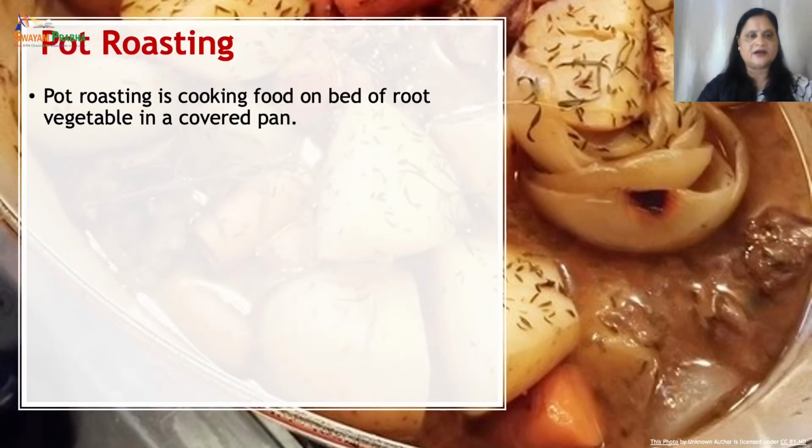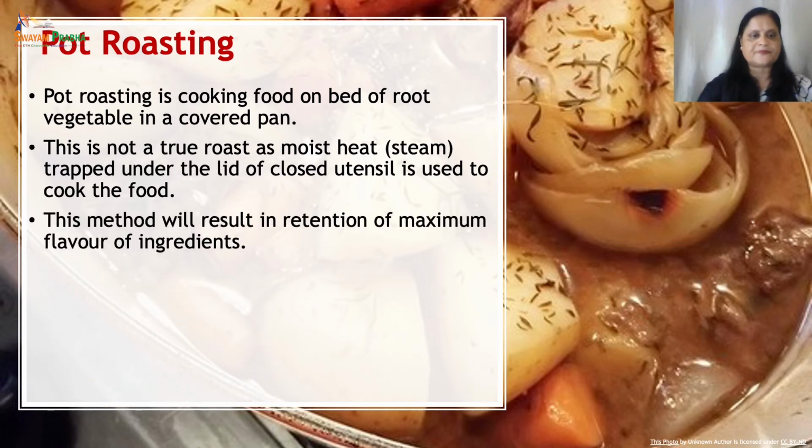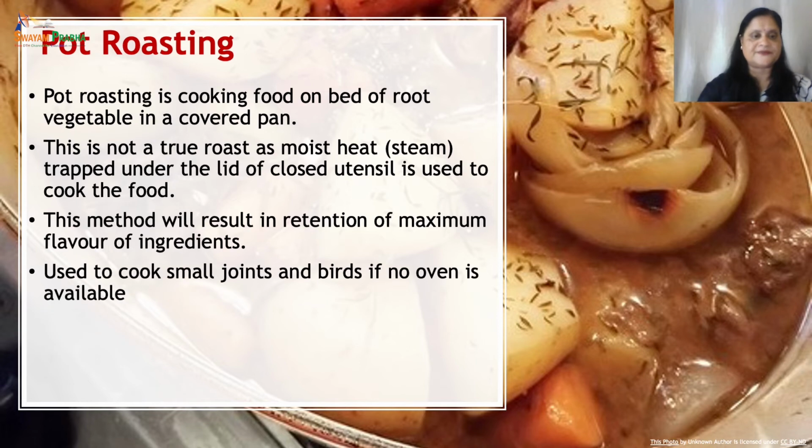Pot roasting. Pot roasting is cooking food on a bed of root vegetables in a covered pan. This is not a true roast, as moist heat trapped under the lid of the closed utensil is used to cook the food. Using this method will result in retention of maximum flavor of ingredients.